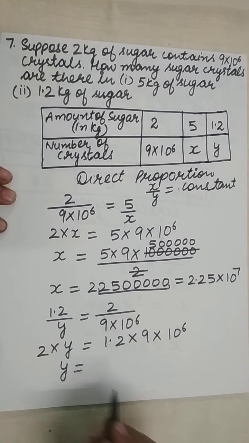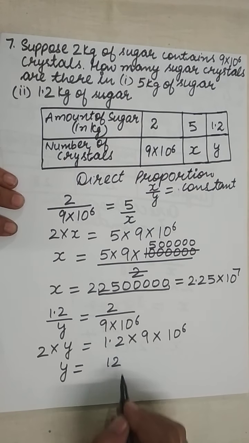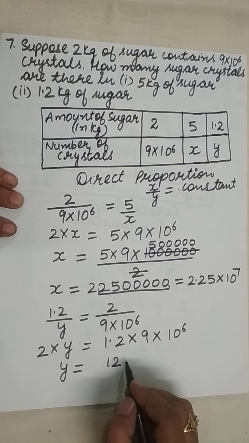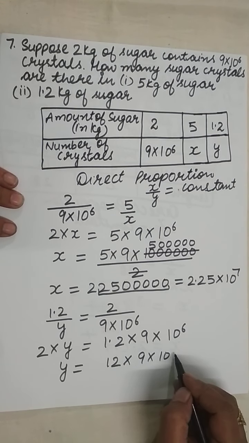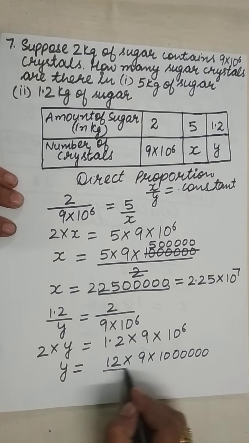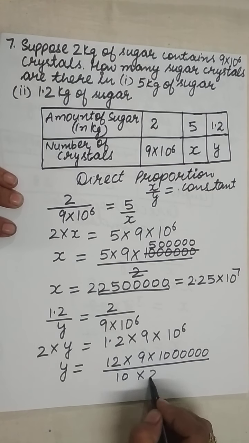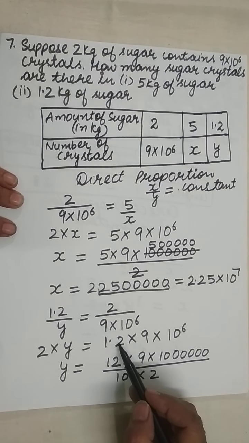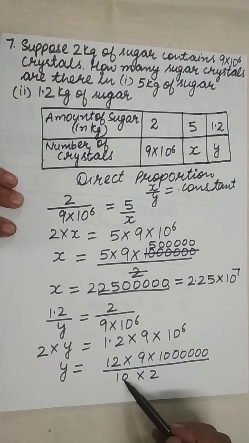Further, it can be written as y is equal to, this 1.2 can be written as 12 upon 10. So we can write it as 12 into 9 into 10 lakh into 2, as I have removed the decimal of this 1.2, which can be written as 12 upon 10.